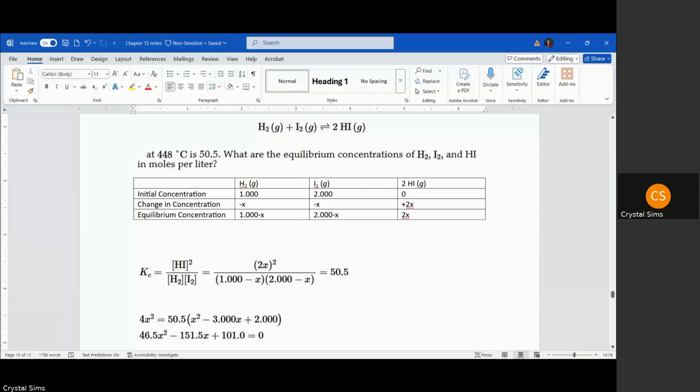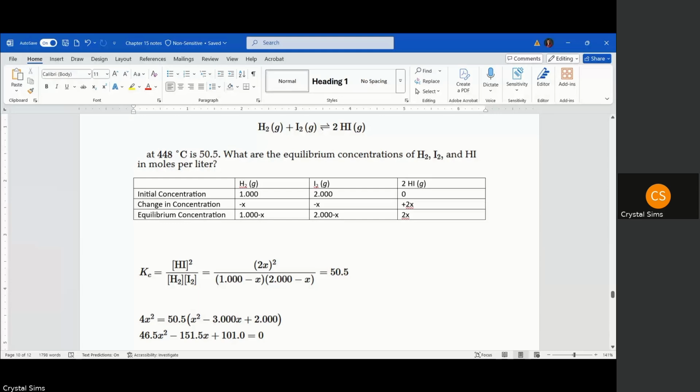So for the hydrogen gas, it's 1.000 minus X. For the iodine, it's 2.000 minus X. And for the product, the HI, it's 0 plus 2X, or just 2X. Okay. So we've got to figure out, what is X? When we solve for X, then we can come back in, plug it in, and then we'll have our answer.